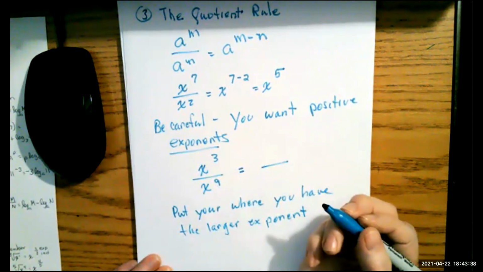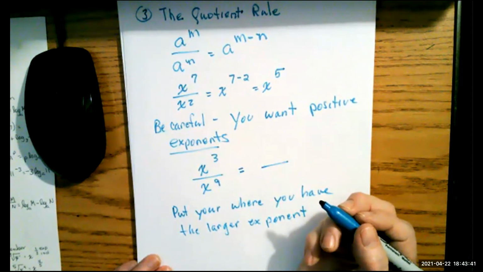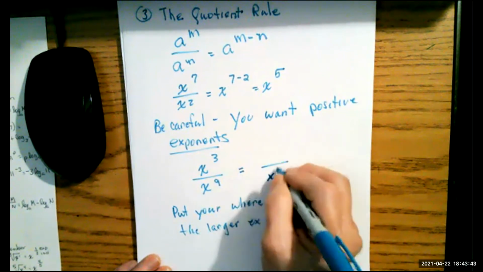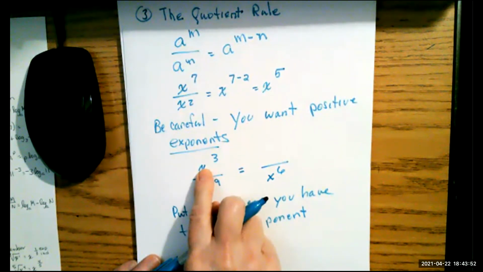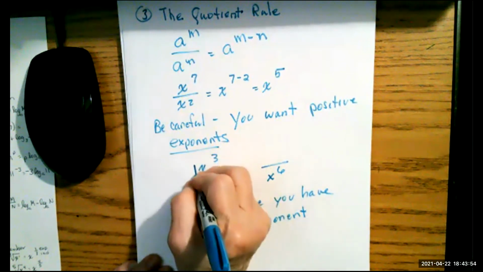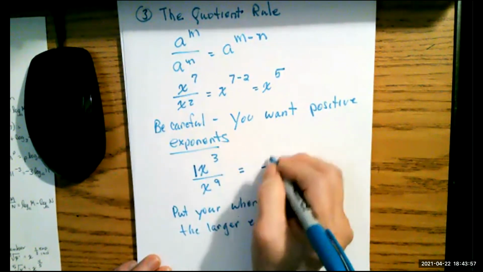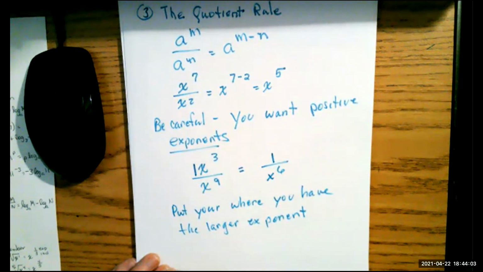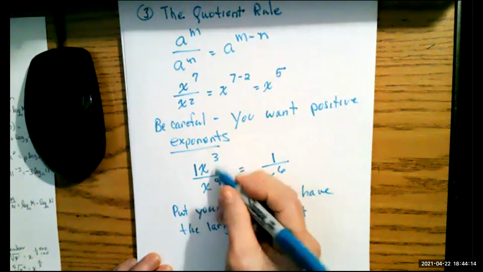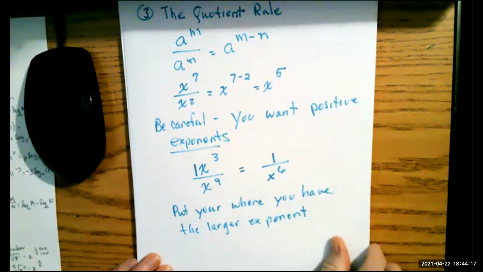But where is the larger exponent? 9. So 9 minus 3 is 6. Put it where the larger one is because there's more x's down here in the denominator. There's 9 of them than there is in the numerator. There's only 3. And remember, these always have a coefficient of 1. So if everything goes away in the top, your coefficient is still left up there, and it's 1. Coefficients are different than the exponents on these. So be careful on that. If you have more in the bottom than you do on the top, put your answer in the bottom and put a 1 in the top.